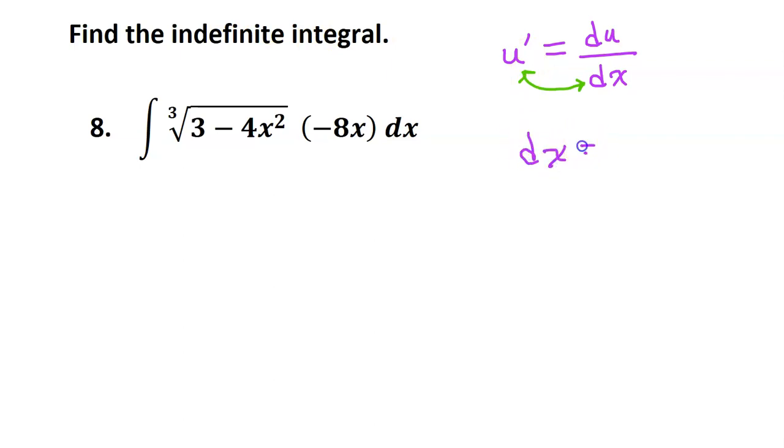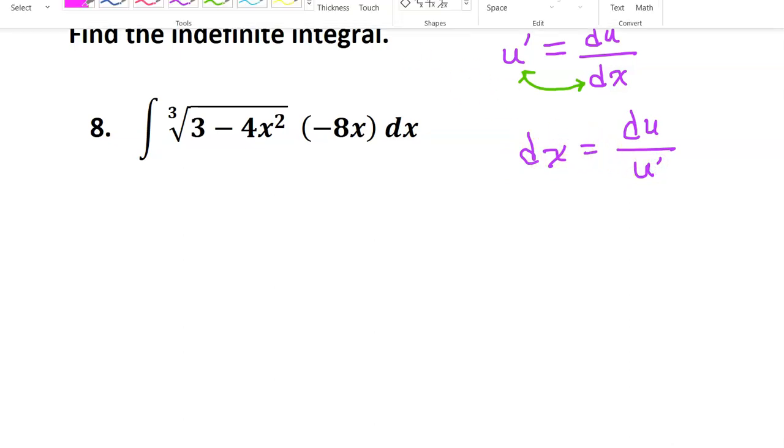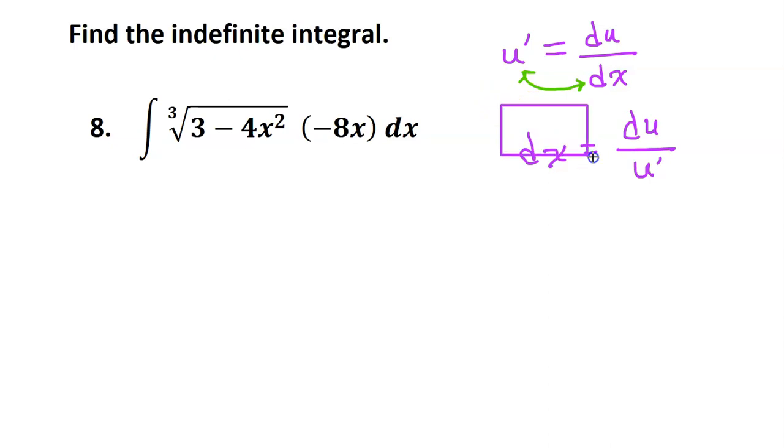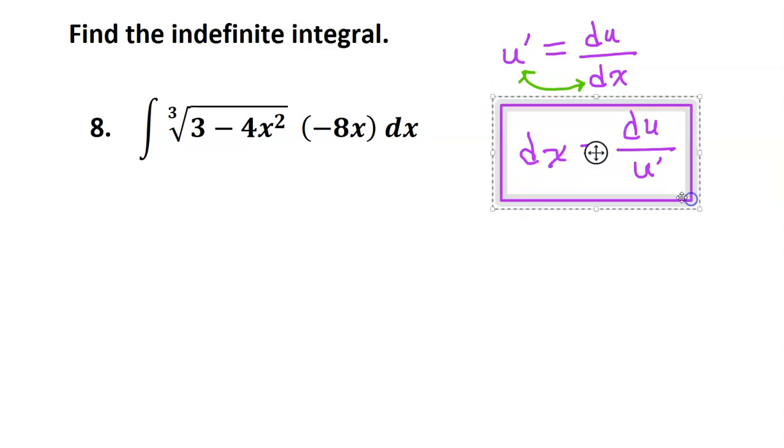Dx is equal to du over u prime. Soak this in, people. This is the key to everything. In fact, if you're going to memorize one thing for today, this is it. Dx can be replaced with du over u prime.